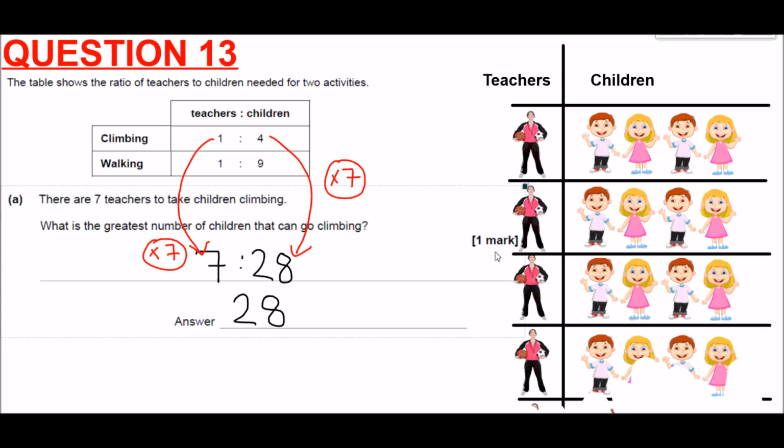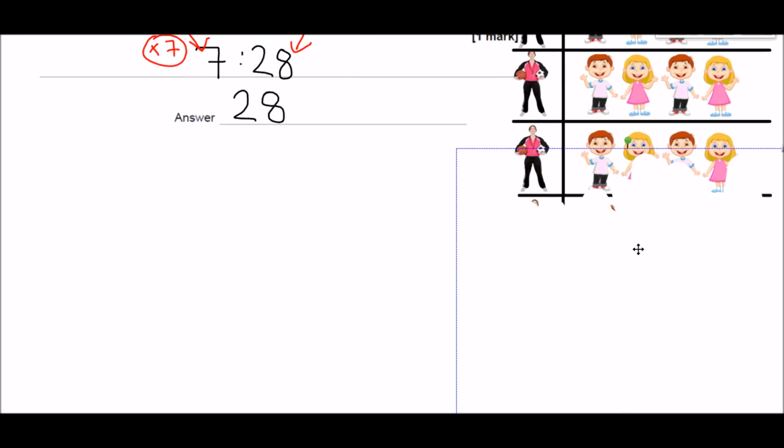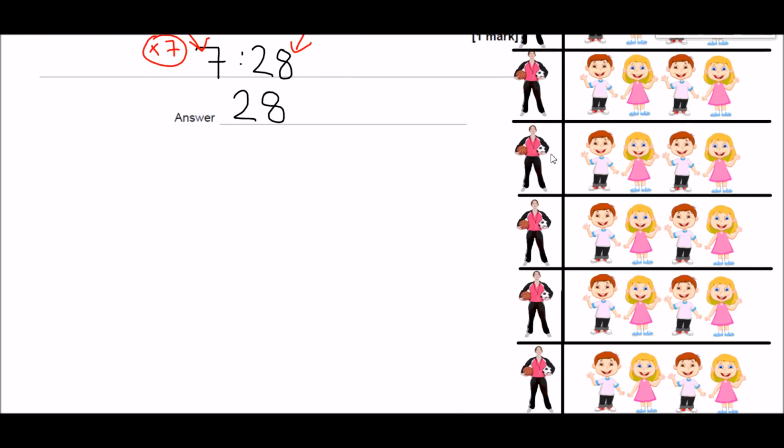So what I've got is 1 teacher, 4 kids. Another 1 teacher, another 4 children. So if we imagine here, 7 teachers, 1, 2, 3, 4, and scrolling down, 5, 6, 7.